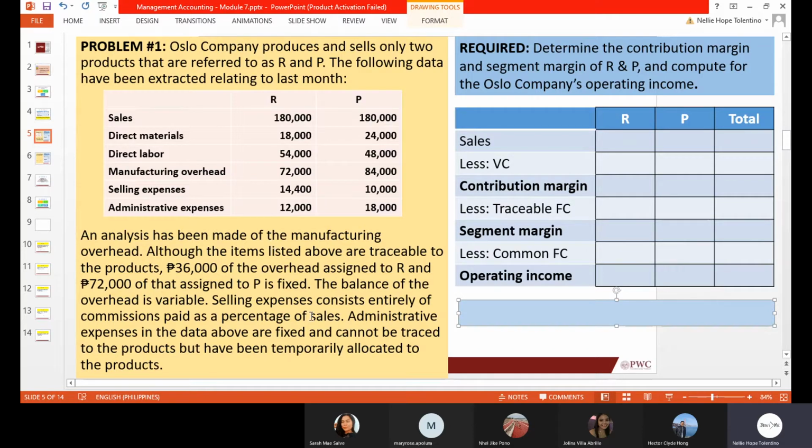How many percent of sales is your selling expenses? How do you compute for that? If you were given this amount and this statement, how do you compute for the percentage? Selling expenses is blank percent of sales.